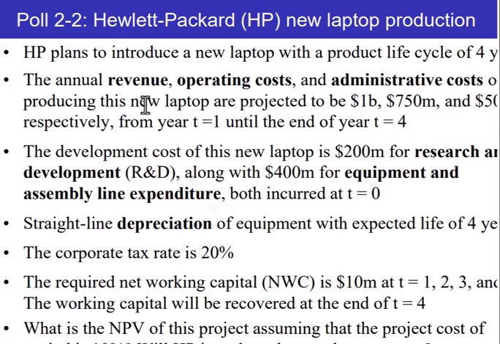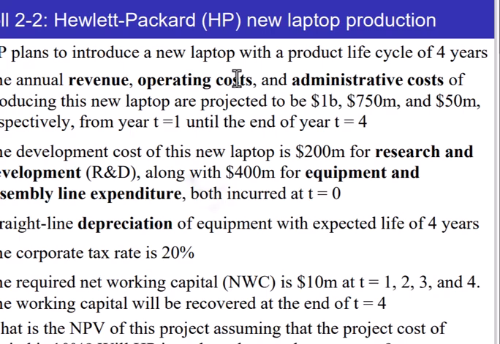Now let's talk briefly about poll 2.2 questions. In these questions, Hewlett Packard HP introduced a new laptop with a product life cycle of 4 years. The annual revenue, operating cost, admin cost are given. $1 billion sales revenue, $50 million cost, 50 million sales cost.